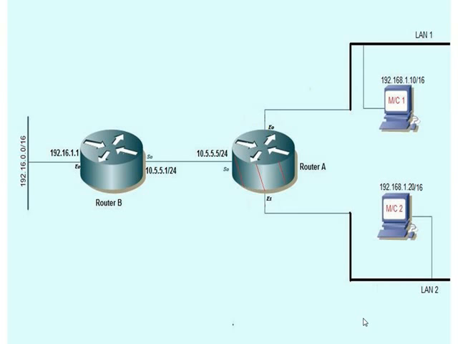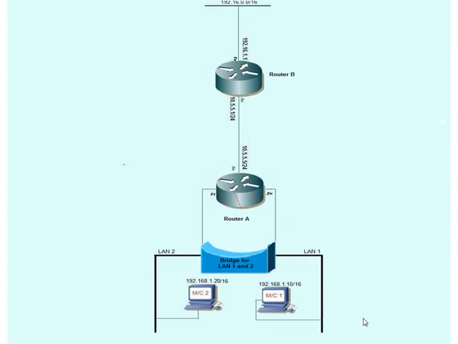Here, LAN 1 consists of machine 1 with the IP 192.168.1.10/16 and LAN 2 contains machine 2 with the address 192.168.1.20/16. In other words, we have two physically separate segments which belong to the same logical subnet.